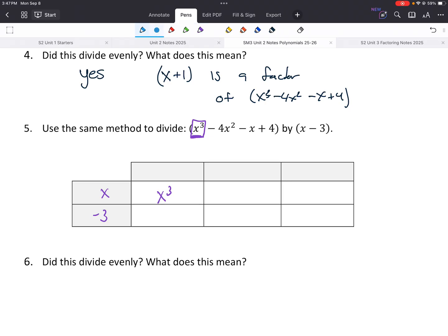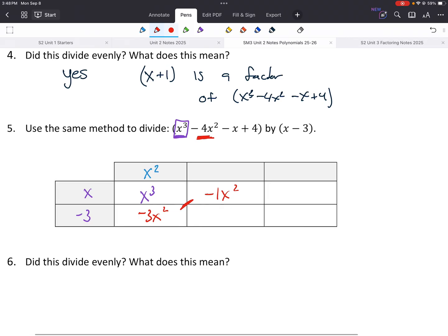So x times what gives us x cubed, so it has to be x squared. Go straight down, negative 3x, but we need the negative 3 to combine with something else to give us negative 4. So we need to subtract 1x. Sorry, that should be a squared, minus 1x squared. Okay, do you see how those combine to give us this?